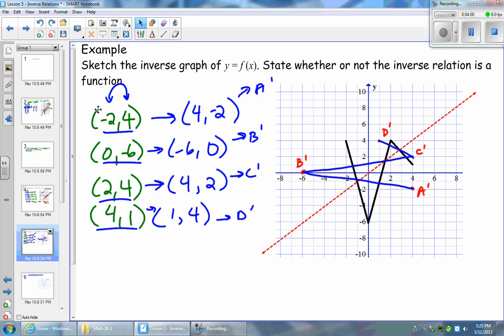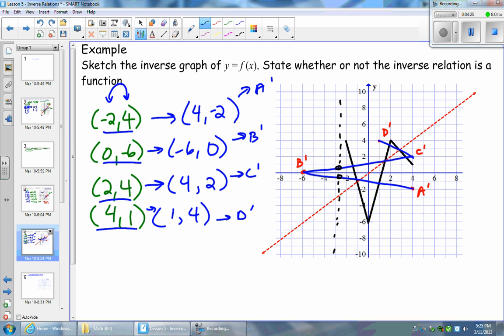So last thing we want to do is state whether or not this inverse graph is a function. And remember, to determine if a graph is a function or not, all you have to do is apply the vertical line test. So if I take a vertical line and I draw it, does it pass through more than one point on the inverse graph? Well, actually it does. It crosses right there, and it also crosses at a second point.